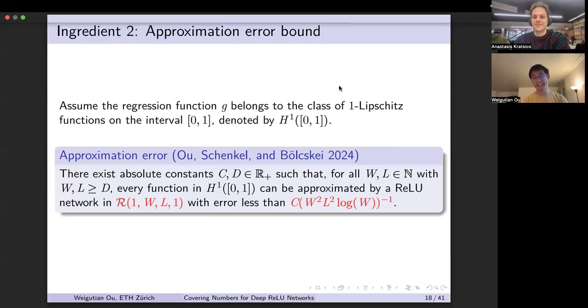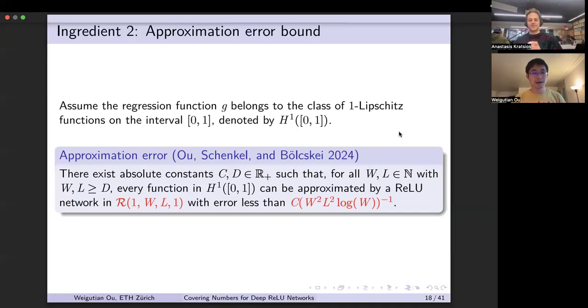I think the result also holds for d-dimensional Lipschitz functions. I tried to write some notes on it, but for example, for d-dimensional Hölder continuous functions, I believe it holds, but I didn't write it because you have to do some multiplication, which is very complicated. Okay, cool, thanks. You're welcome.